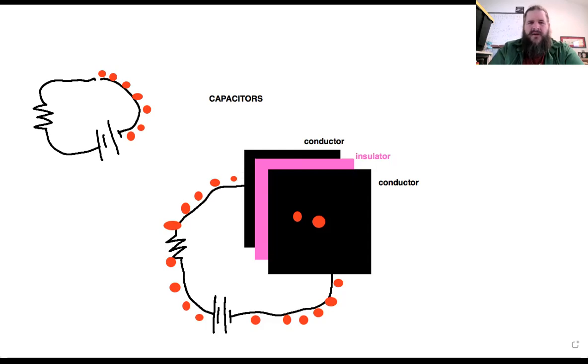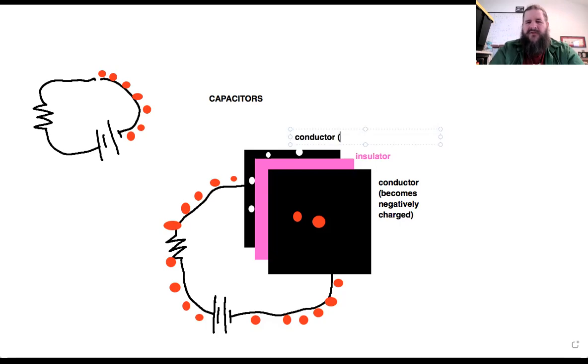The protons don't move at all. So we essentially leave gaps in this conductor where there were electrons, but now there aren't. And those gaps act like positive charge. By pushing extra electrons into one conductor, we've made that conductor have too many electrons, so it is now negatively charged. But the other conductor, we are pulling electrons out of it, but leaving the protons where they are.